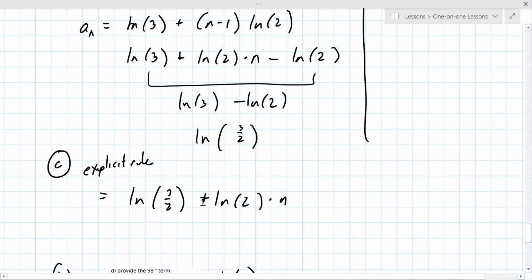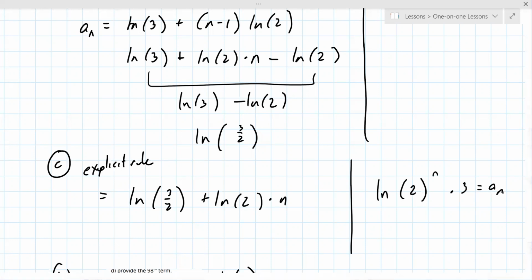It was ln 2 raised to the n power times 3 equals a subscript n. Like that? Yeah, and that was for n equals 0. And then for n equals 1, it was ln 2 to the n minus 1 times 3 equals a.